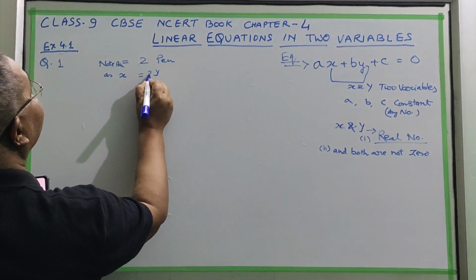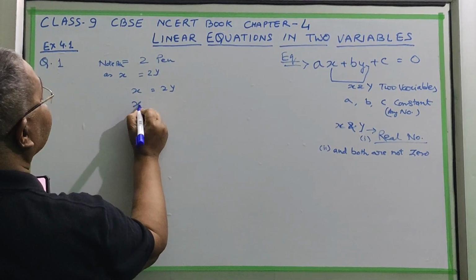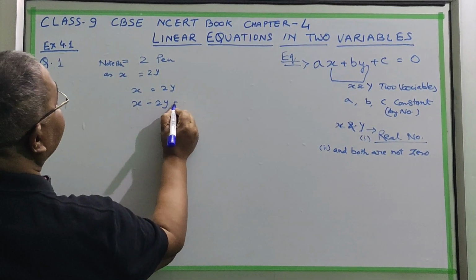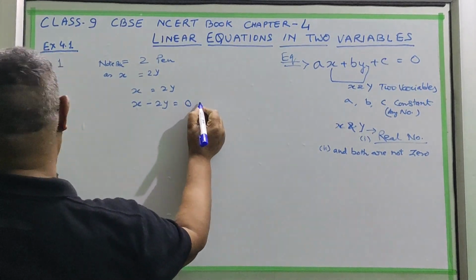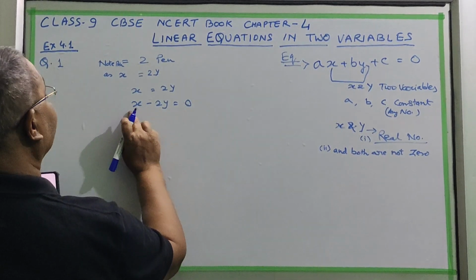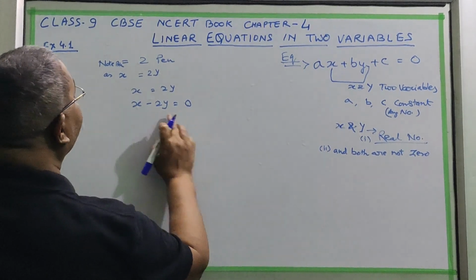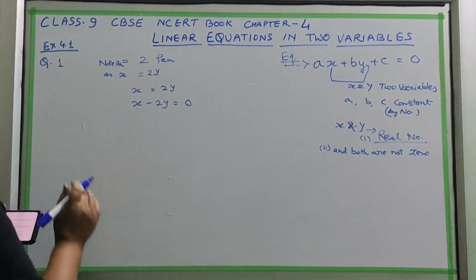So what you will write? You will write x equal to 2y, or x minus 2y is equal to 0. Write a linear equation. Linear equation in two variables is here. Okay, two variables are there.